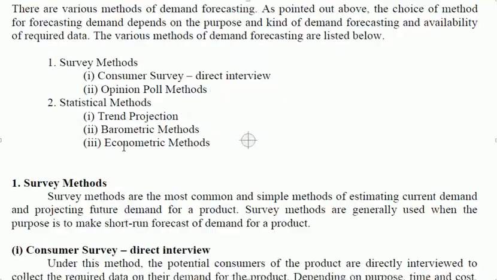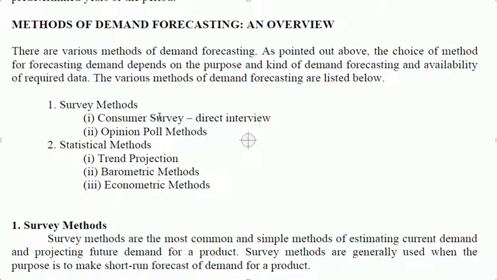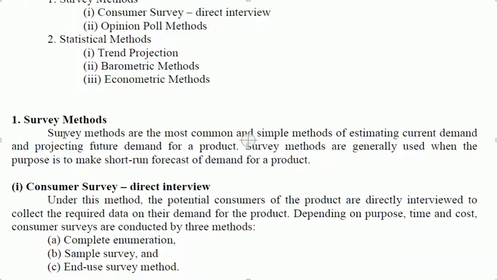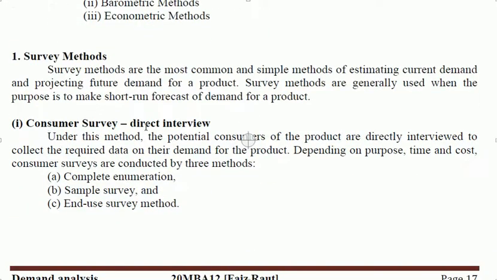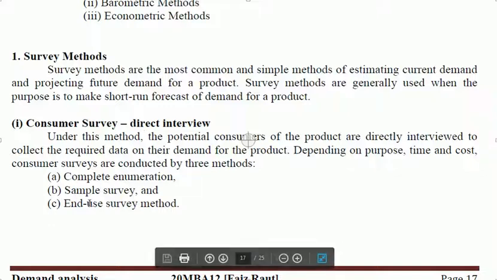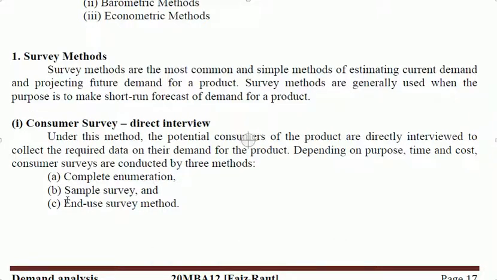I'll just go over the survey method once again. In the survey method there are two: consumer survey and opinion poll method. In consumer survey there were three: complete enumeration, sample survey, and end use method. In complete enumeration, we are going to ask each and every consumer.